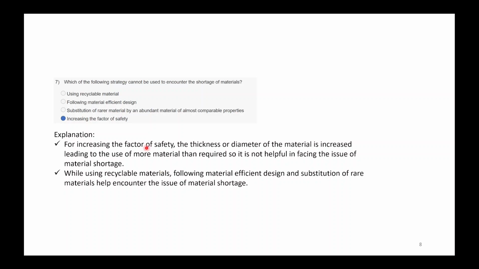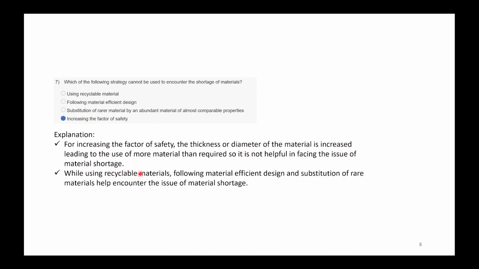So sometimes we add certain cross section area to that, so we increase its thickness or diameter of the material so that it can withstand higher loads. So when we increase it, it leads to the use of more material than required, so it is not helpful in facing the issue of material shortage.